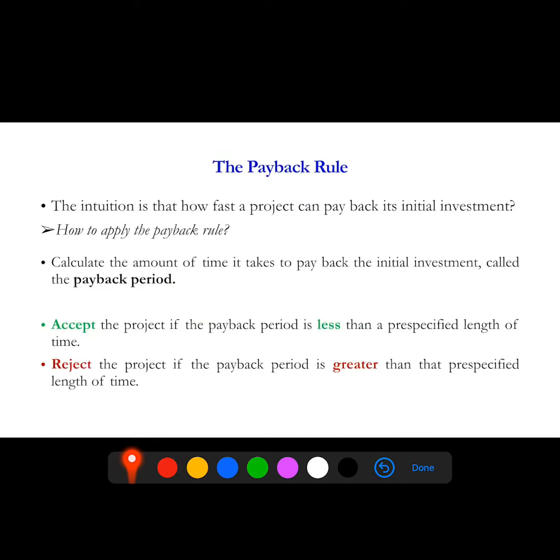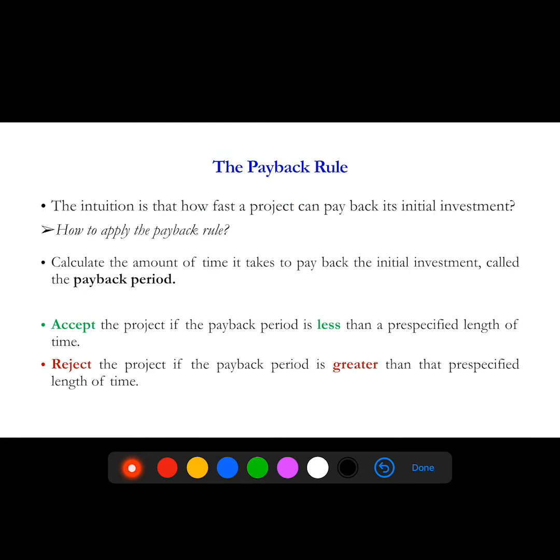So the payback rule is the simplest investment decision rule. The intuition behind this rule is how fast a project can pay our initial investment back. So, for example, we have invested $100 million in a project.